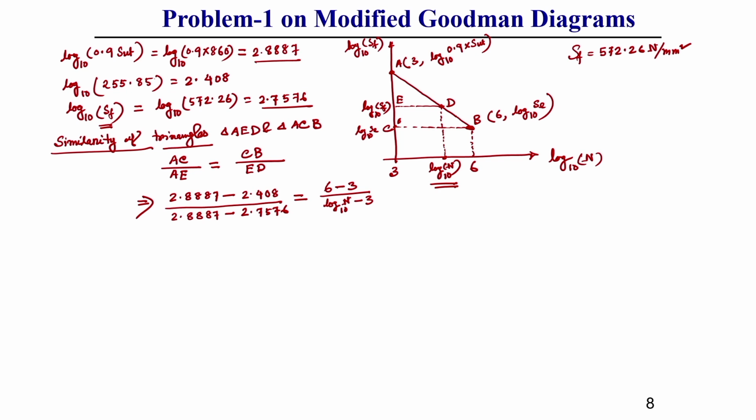This you should keep in mind. Okay. Because this point is 3, this is not 0, that is why we need to put it like this. So, from here we can easily calculate the number of cycles. So, this number of cycle generally here we will get 6579.34 number of cycle. Okay.